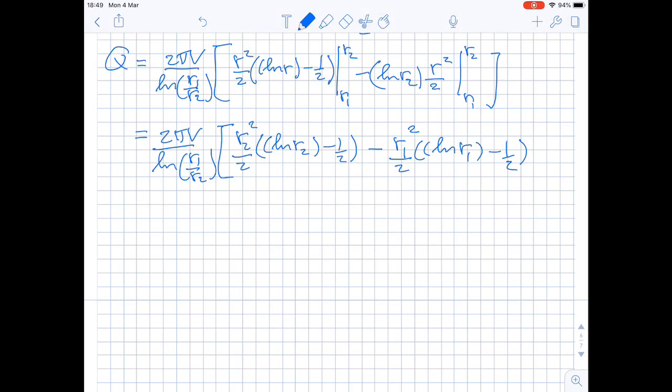The second one, basically you have minus ln of r2 over 2 and then r2 squared minus r1 squared.